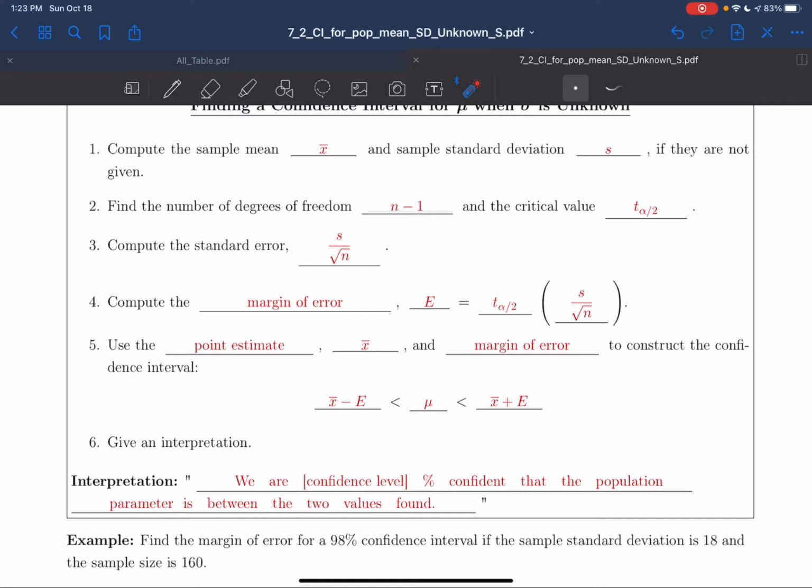Then we want to compute the standard error. In this case, it will be your sample standard deviation over the square root of your sample size. And then once we have your standard error and your critical value, we're able to compute your margin of error, which is going to be equal to your critical value times your standard error.